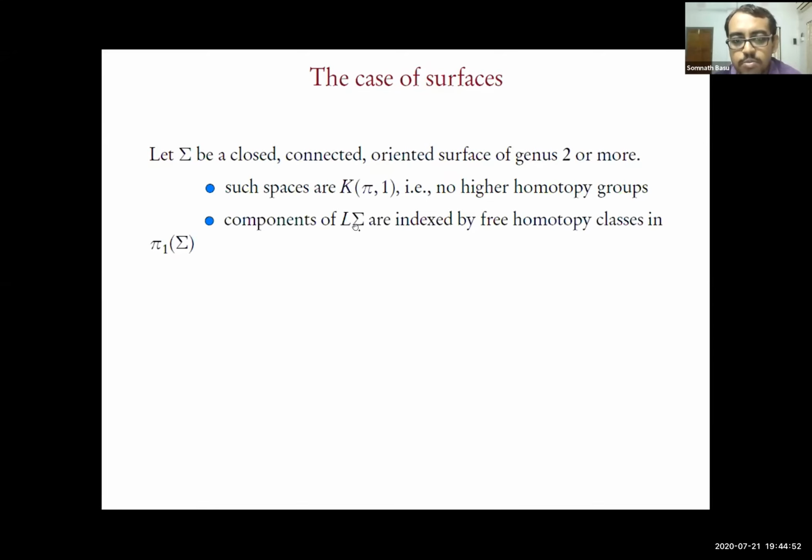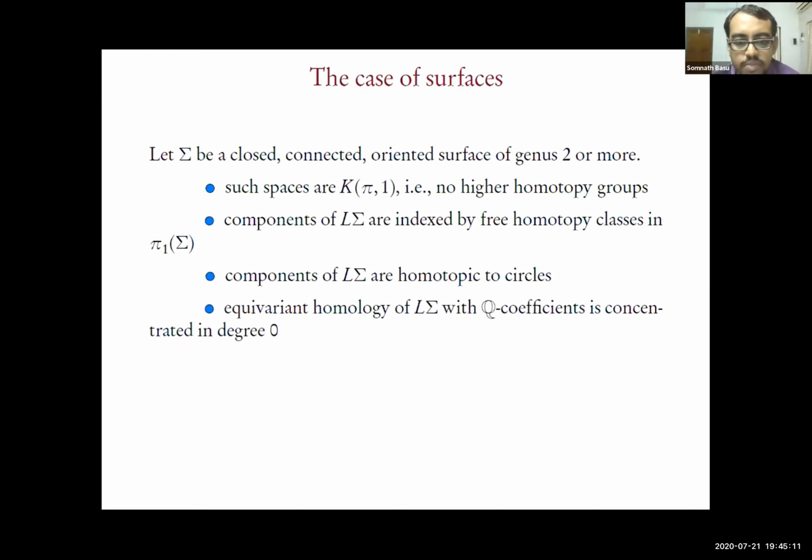One can show that the loop space will have lots of components. The components are indexed by free homotopy classes, or conjugacy classes if you like conjugacy classes more, they're equivalent. In fact, one can show that the components of this are homotopic to circles. So they are fat, but they basically look like circles up to homotopy.